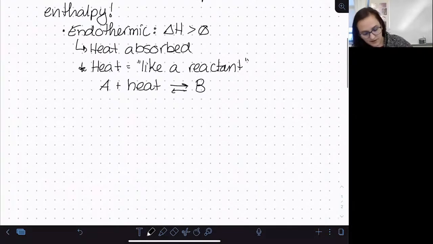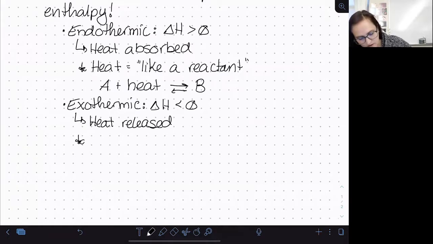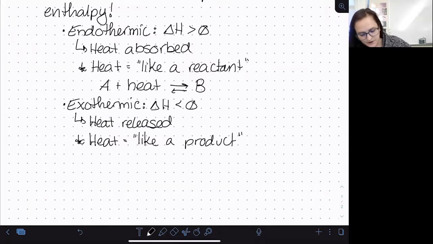An exothermic reaction is just the opposite. Exothermic is when delta H is less than 0. For these types of reactions, heat is released when reactants are converted into products. So we can think of heat as being like a product. It is something that is produced when this reaction runs in the forward direction.